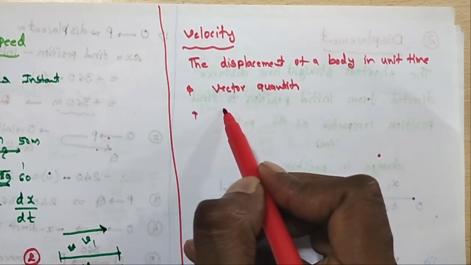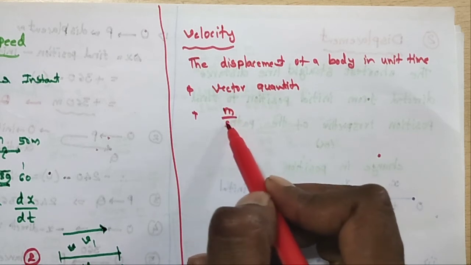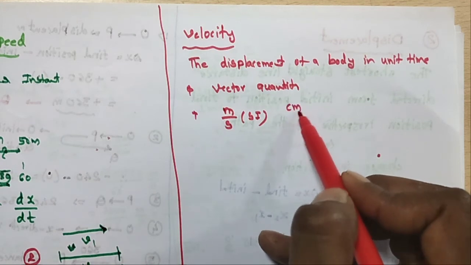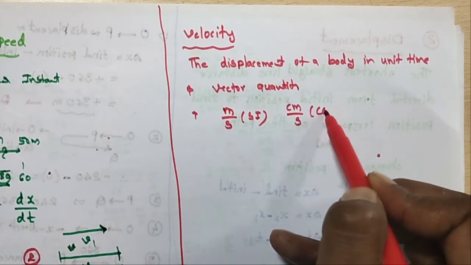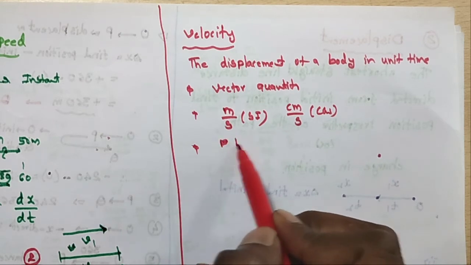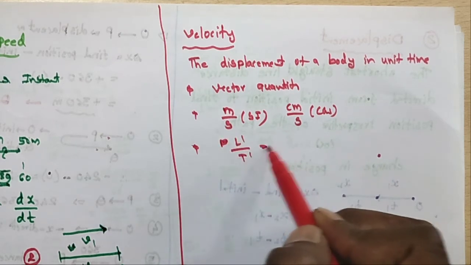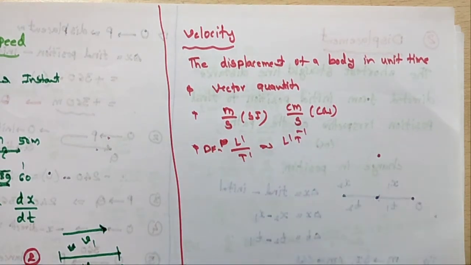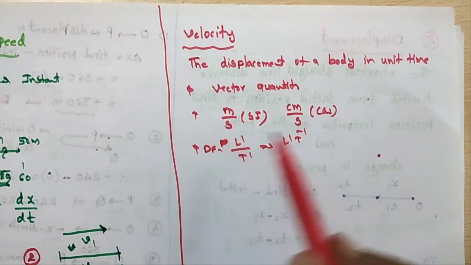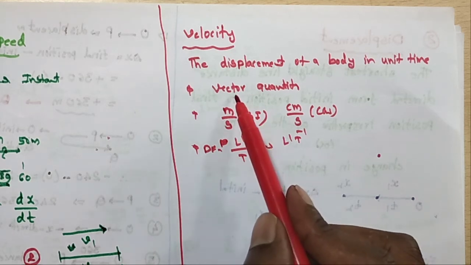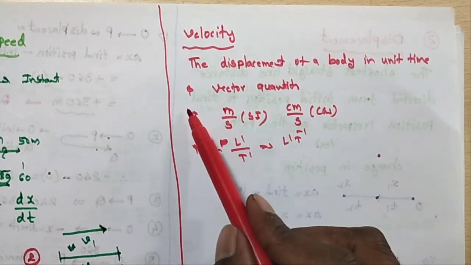The same units: meter per second in SI units, and centimeter per second in CGS units. And what is the dimensional formula? That is L T power minus 1. So velocity and speed have the same units and the same dimensional formula, but velocity is a vector quantity, while speed is a scalar quantity.